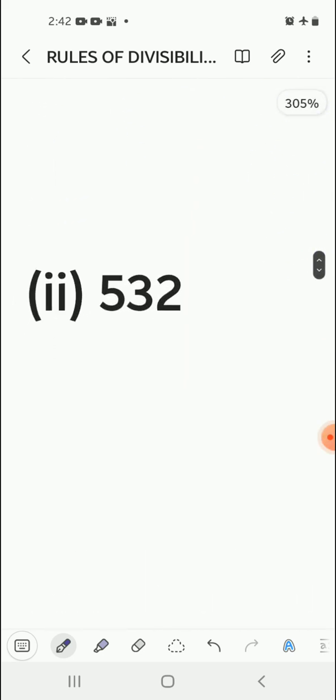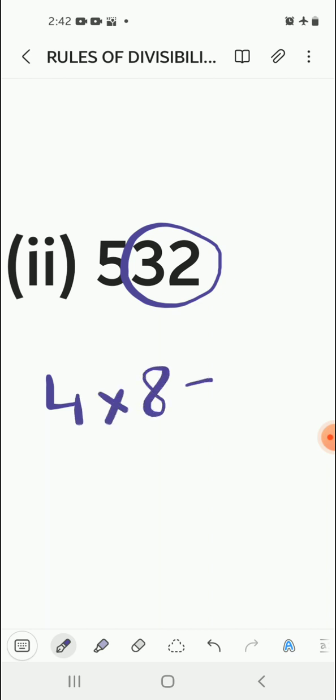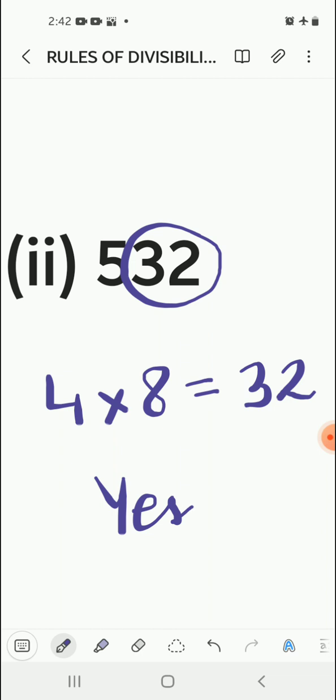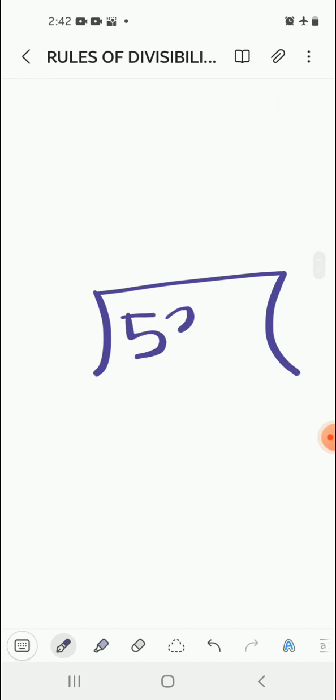The next number that we are given is 532. Check the last two digits of the number. It is 32. Yes, it is found in the table of 4. That is 4 into 8 is 32. Since it is found in the table of 4, the answer is yes, it is divisible by 4. We can check the answer. 5, 3, 2.